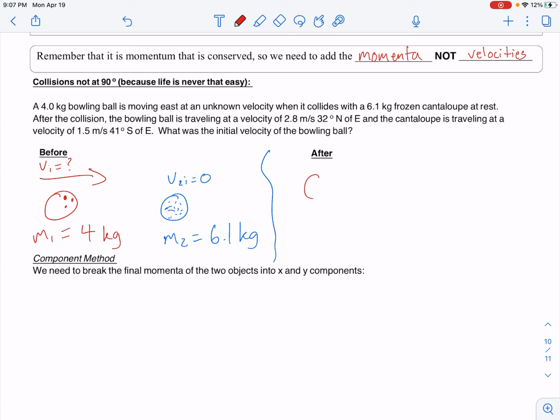So what we have is our bowling ball is going to be moving at an angle. And the velocity it moves with is going to be 2.8 meters per second. Now, a key thing here is we know that this bowling ball is going to be moving 32 degrees north of east.